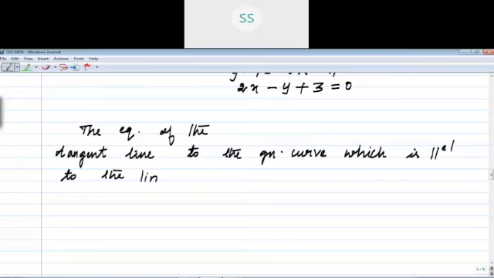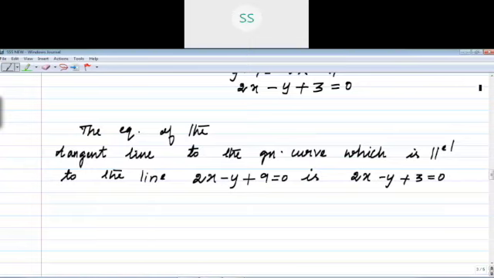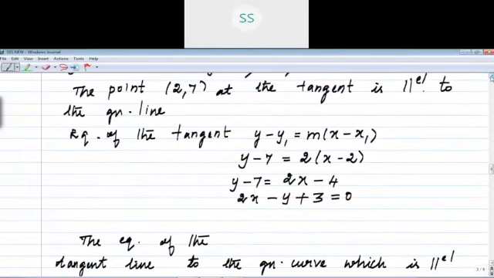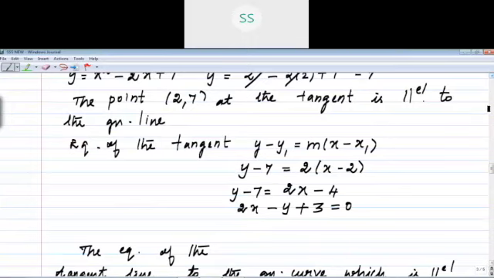What is given in your question? 2x minus y plus 9 equal to 0. What we found here, 2x minus y plus 3 equal to 0. We found that only, no? I will show you that. You see, 2x minus y plus 3 equal to 0, right, children?